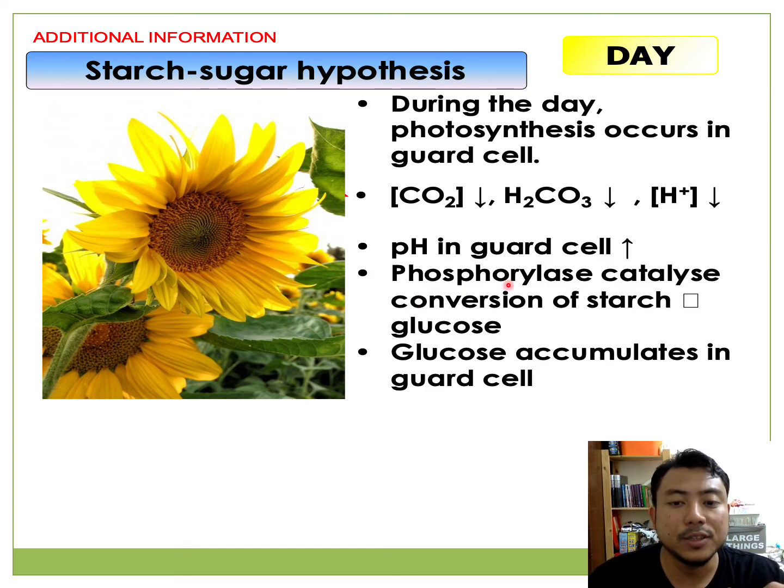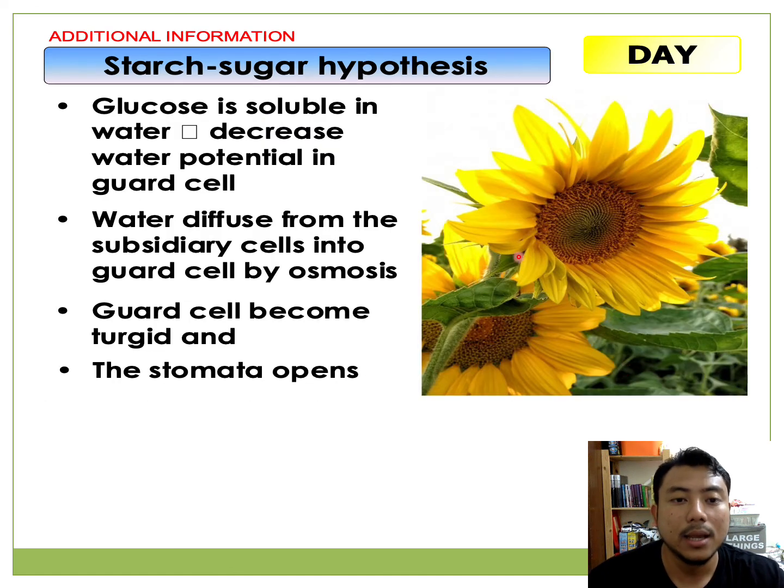The enzyme phosphorylase will catalyze the conversion of starch to glucose, and glucose accumulates in the guard cell. You can imagine, when there is glucose inside the guard cell, glucose is soluble in water, so it will decrease water potential. We use the term decrease water potential again here, meaning the cell is getting more concentrated.